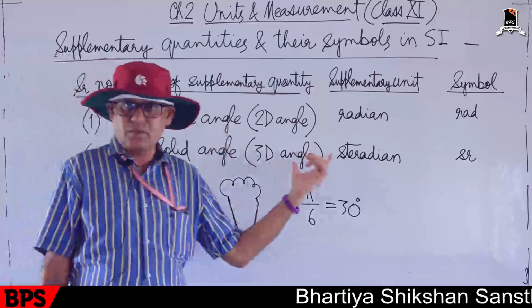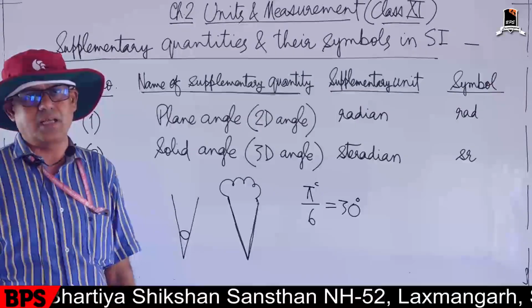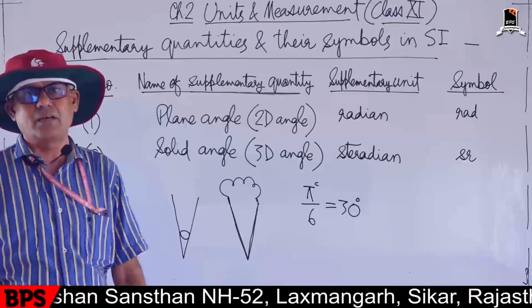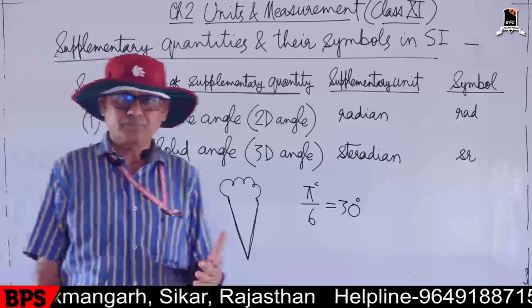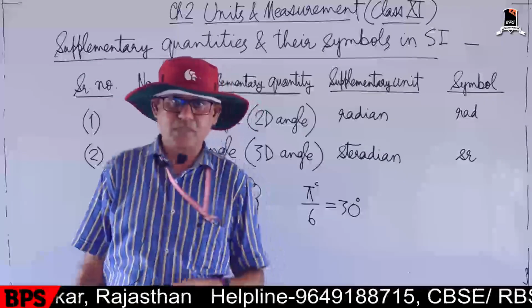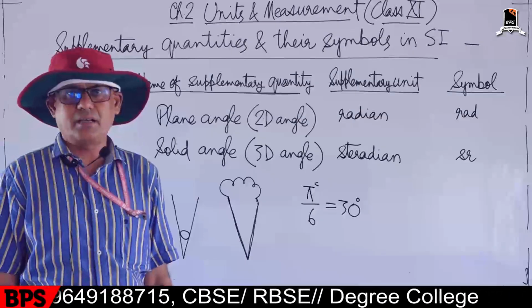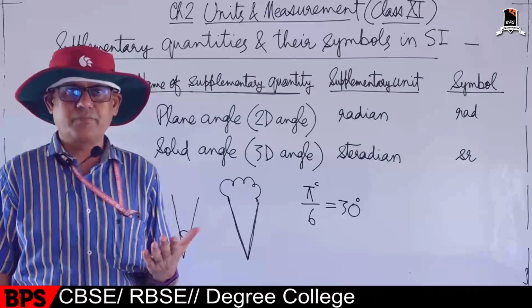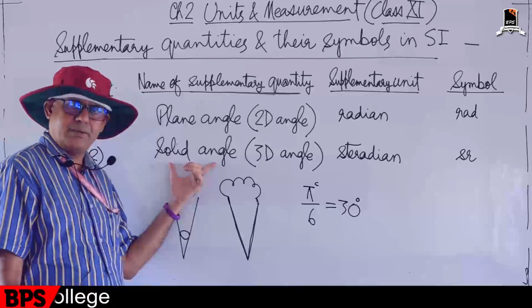We'll use this solid angle concept only in class 12 when you will study Gauss theorem in the first, second chapter of the class 12 syllabus. We'll study electrostatics, and there comes Gauss theorem, which uses this solid angle concept.